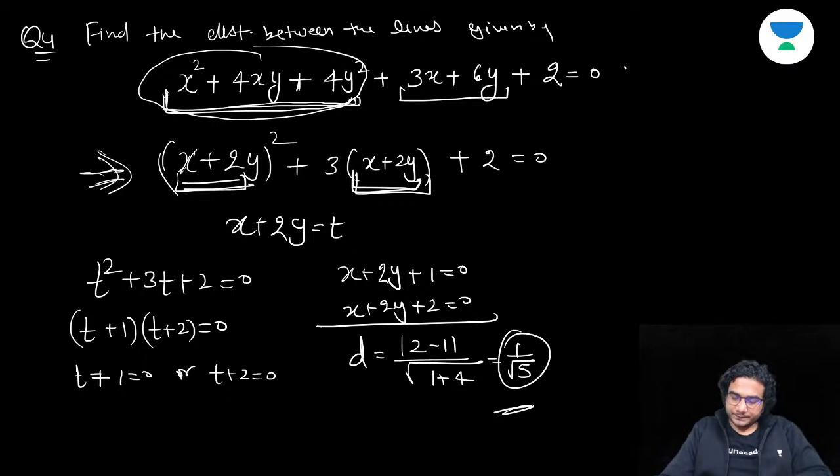What's the doubt? 2x plus y into 2x plus y. What? X coefficient will be 2l plus 2m.